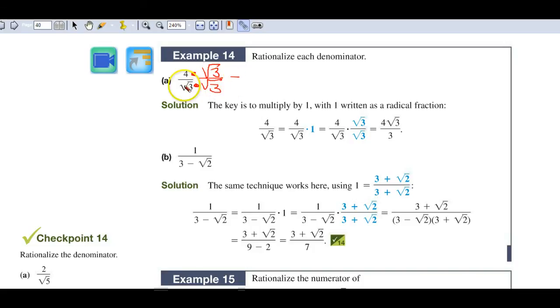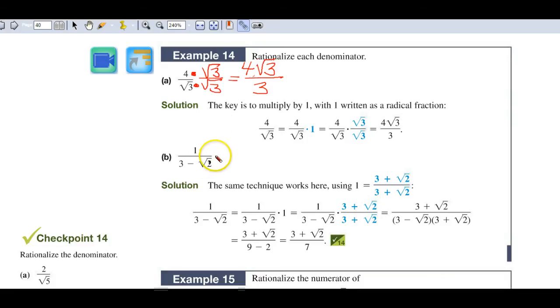This is a 1. So my denominator now becomes a 3, and my numerator becomes 3 square root of 3. And I have rationalized, well, let me put a 4 there. Oh, I'm getting a little tired here. So 4 square root of 3. There we go.